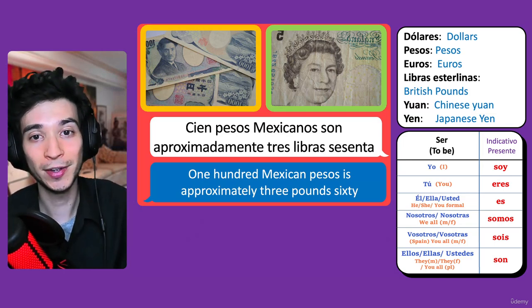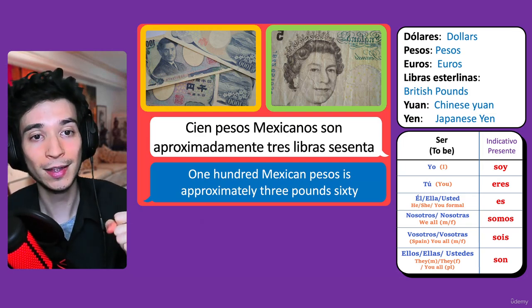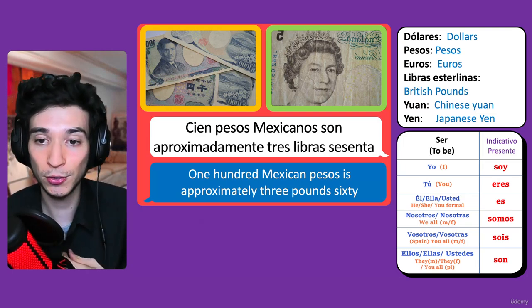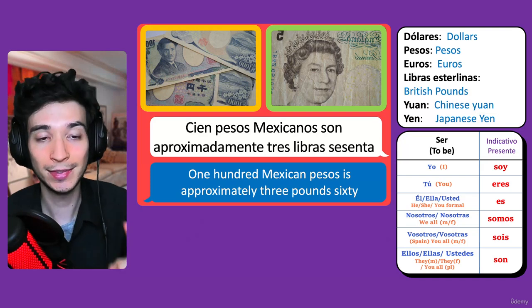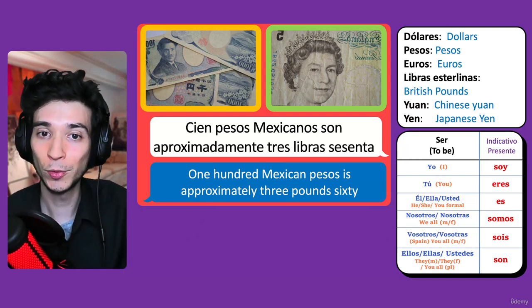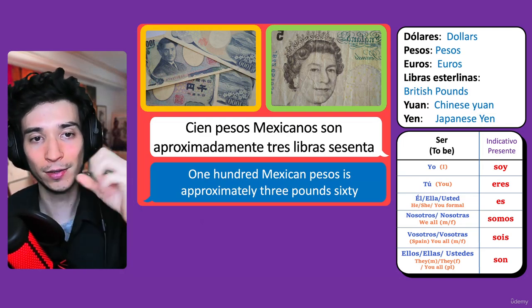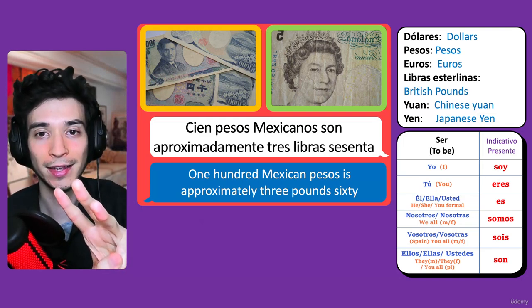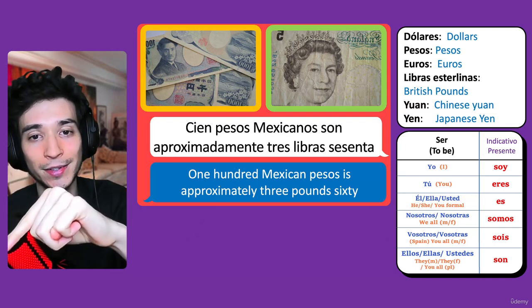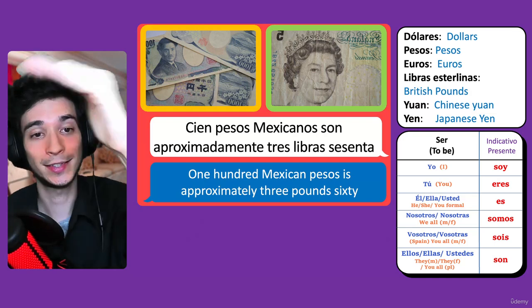If you want to specify, you can say libras esterlinas. For example, 100 pesos son aproximadamente 3 libras esterlinas 60. 3 British pounds and then the cents at the end go after.